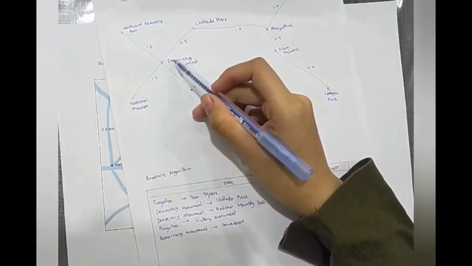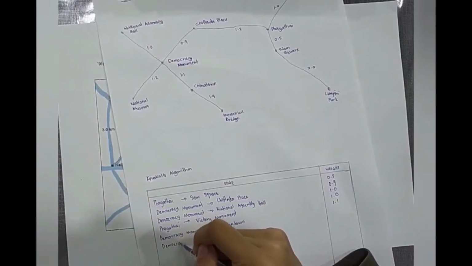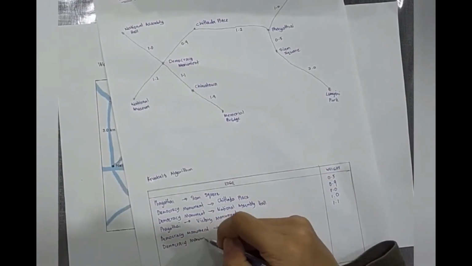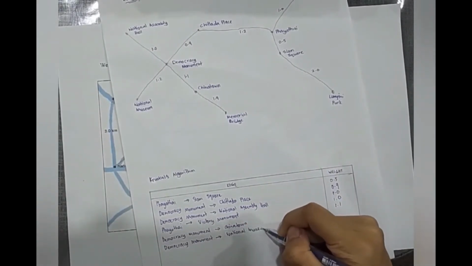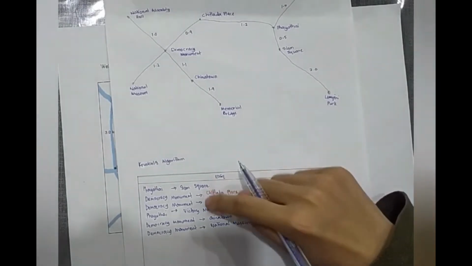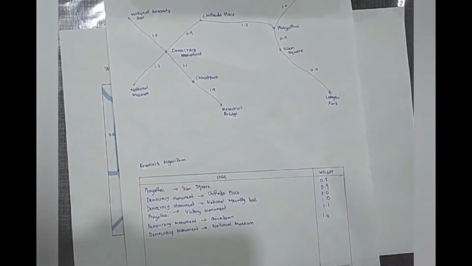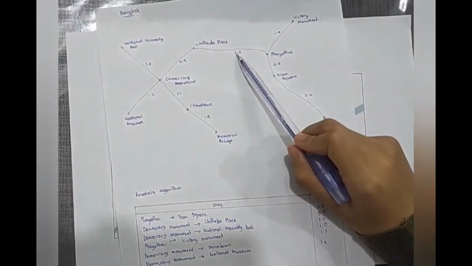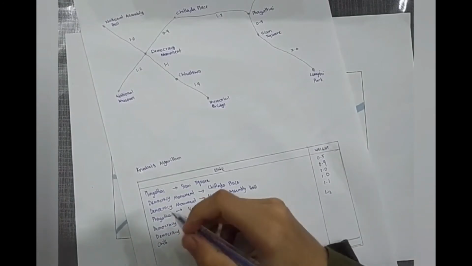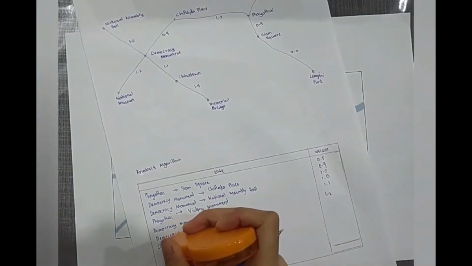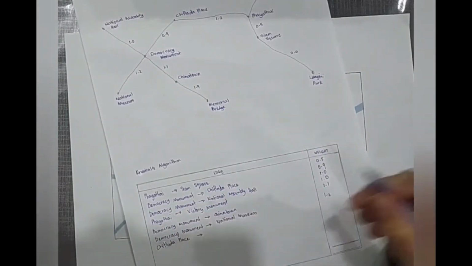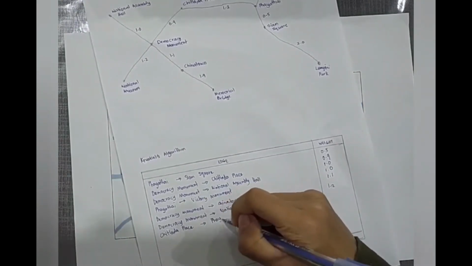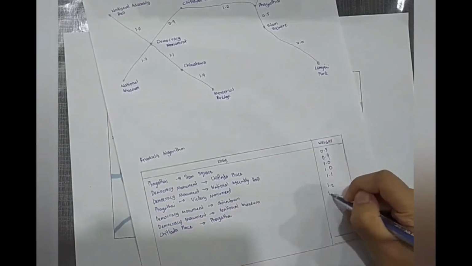We have 1.2 Democracy to National Museum, 1.2, and then Jitlada Palace to Payatai, 1.2.